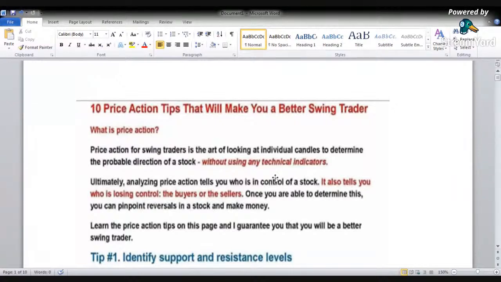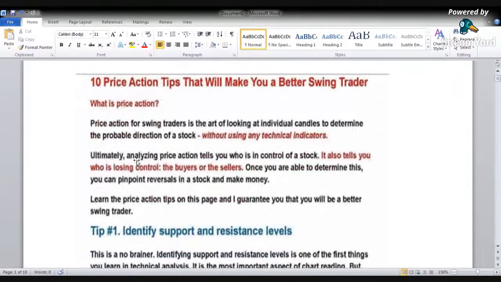Okay, ultimately, analyzing price action tells you who is in control of a stock. It also tells who is losing control, the buyers or the sellers. Once you are able to determine this, you can pinpoint reversals in a stock and make money.